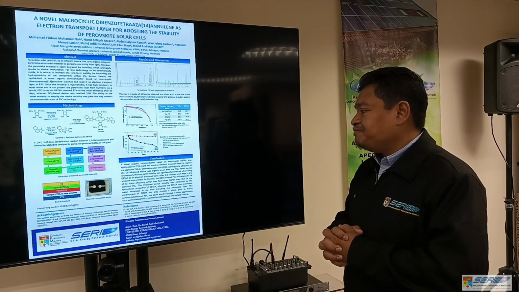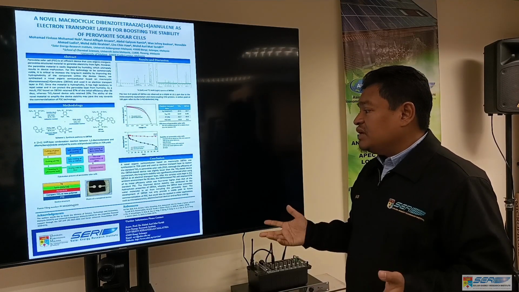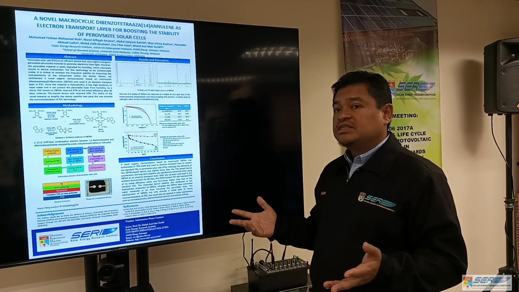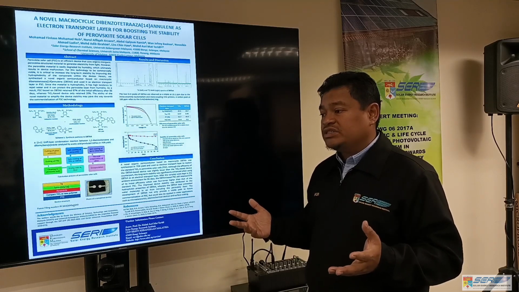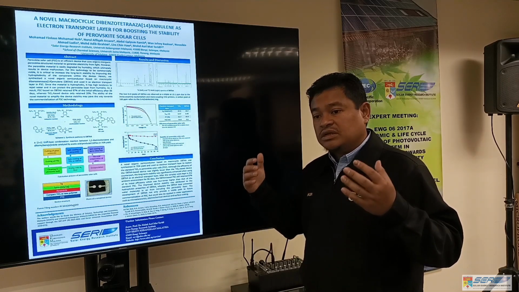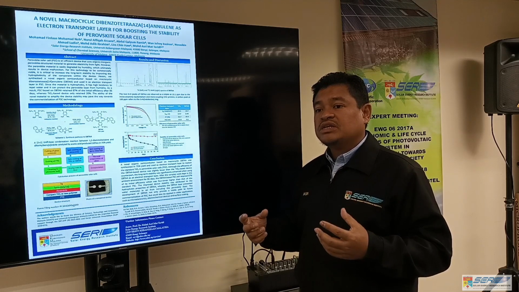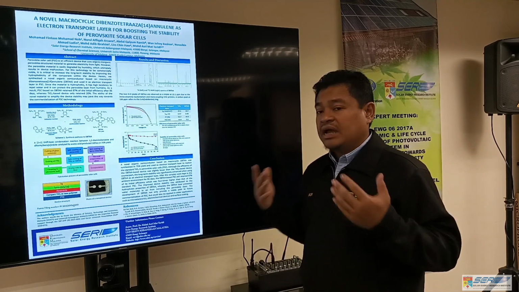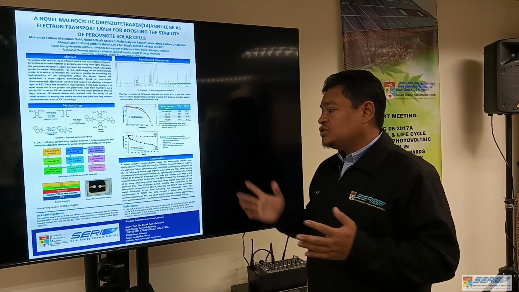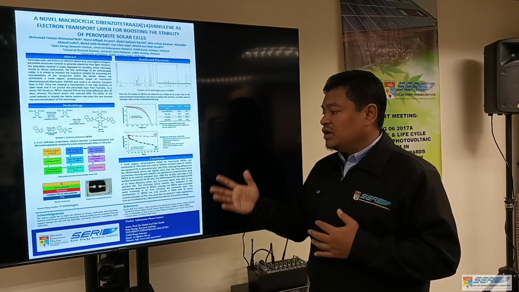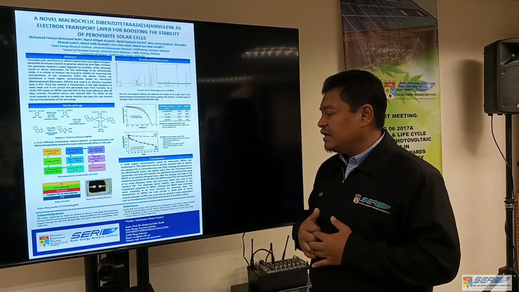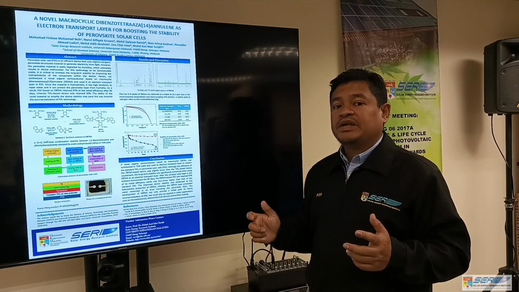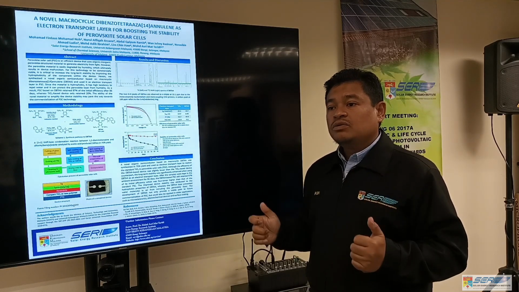The stability is about 87%, which is the most stable perovskite solar cell produced in Malaysia until now, as far as I know. This product is also under patent filing, and this is the future for the perovskite solar cell.